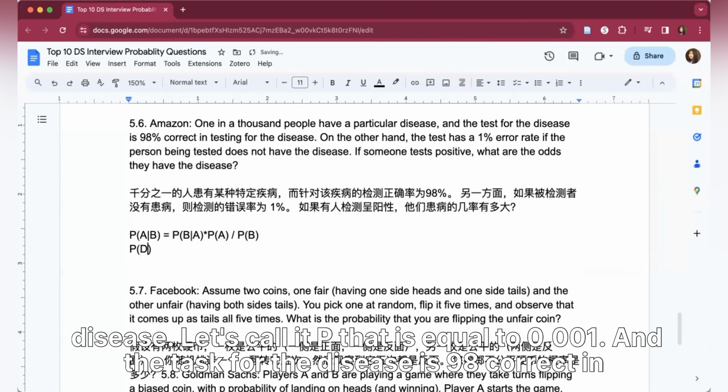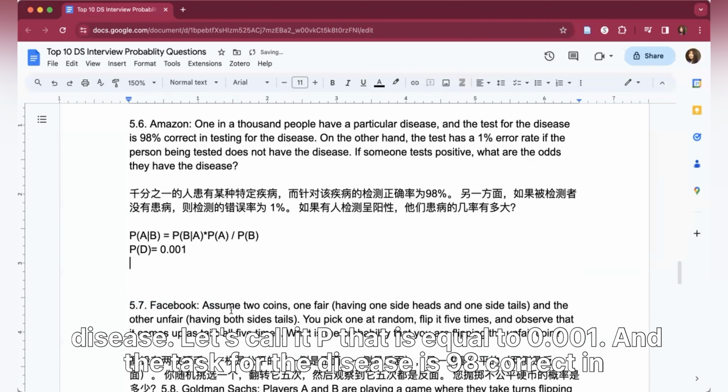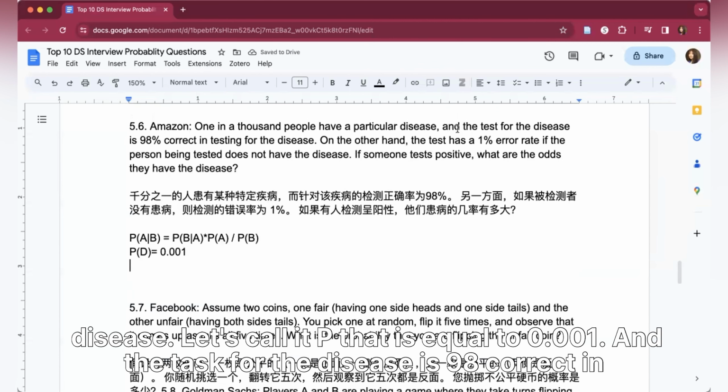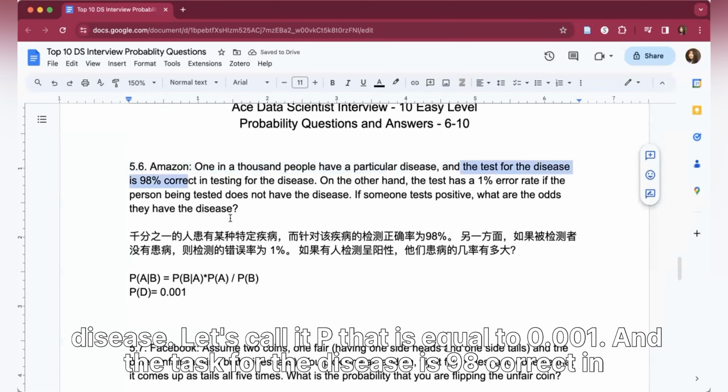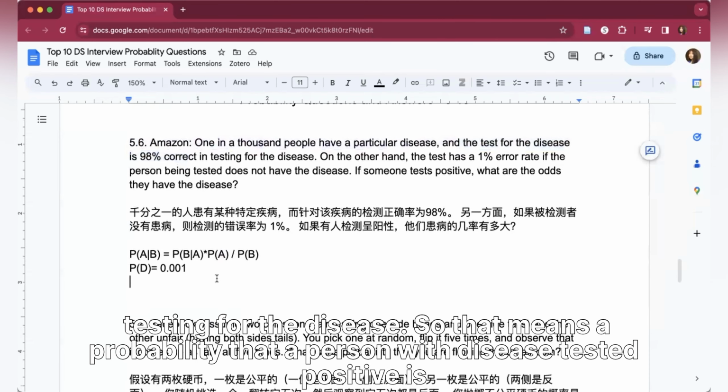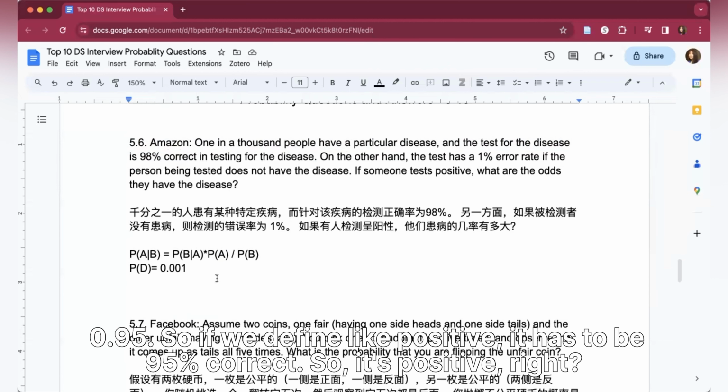Let's call it P(D), which is equal to 0.001. And the test for the disease is 98% correct in testing for the disease. That means the probability that a person with the disease tests positive is 0.95.